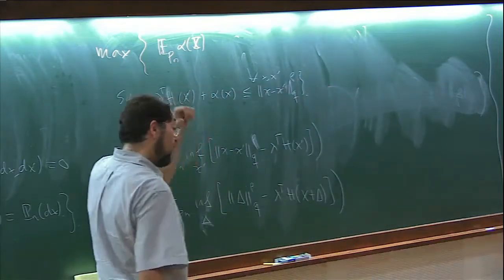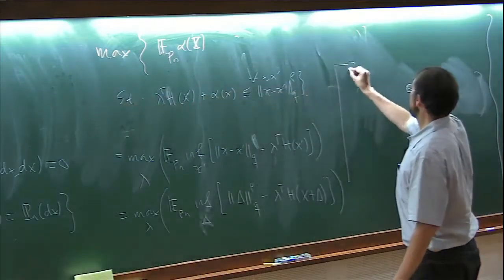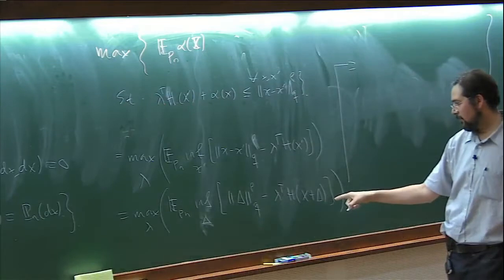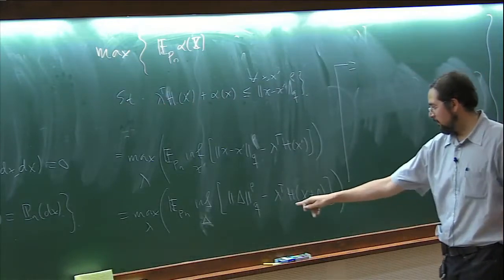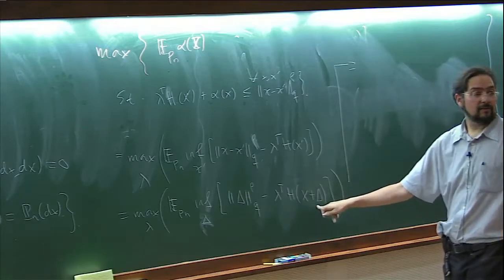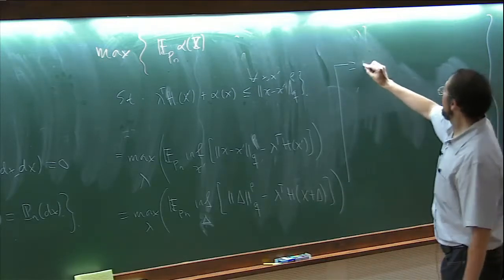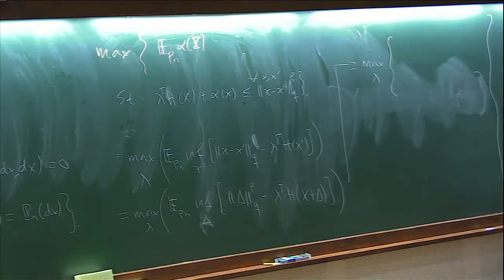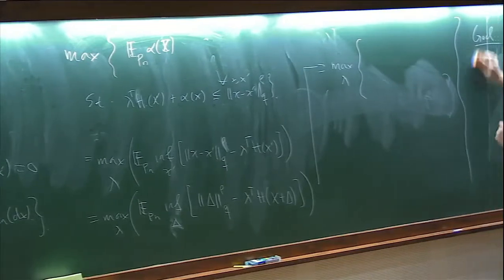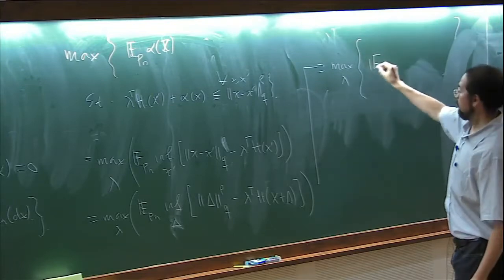And if delta is really of order 1 over root n, I better start subtracting h of x, because then h of x is going to be really close to h of x plus delta. So I'm going to get max over lambda expected value of Pn.